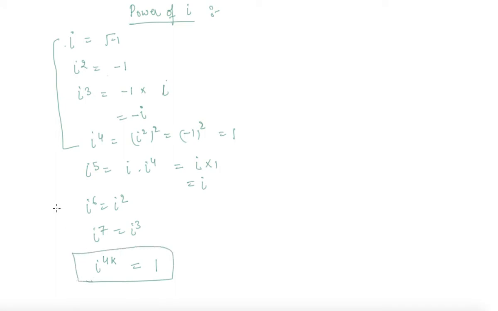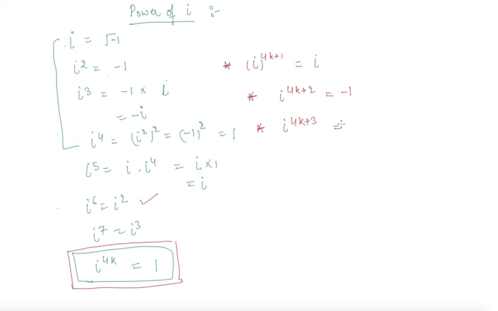So students, these are some identities which we will be using in further questions. Iota power 4k is always equal to 1, and iota power 4k plus 1 will always be iota, and iota power 4k plus 2 will always be minus 1, and iota power 4k plus 3 will always be minus iota.